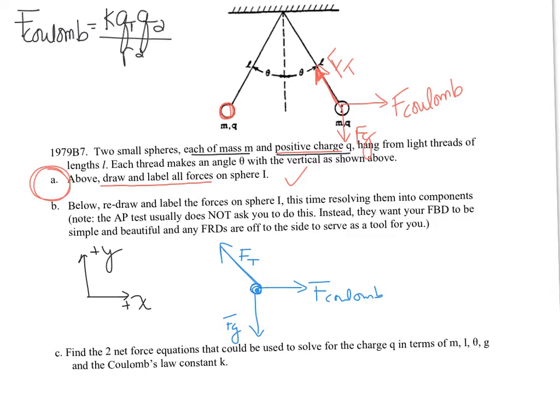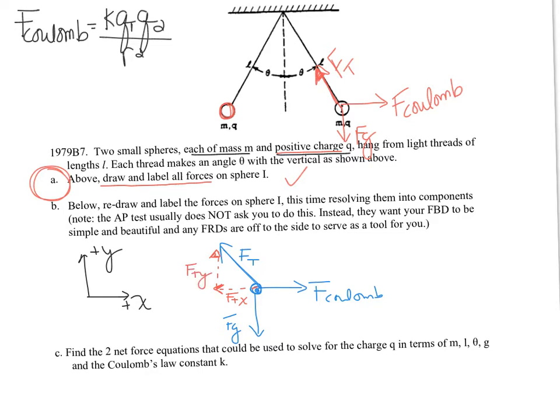And so the x component of my tension force is to the left. I'm going to label this FTX. And the y component of my tension force is up. We're going to call this FTY.